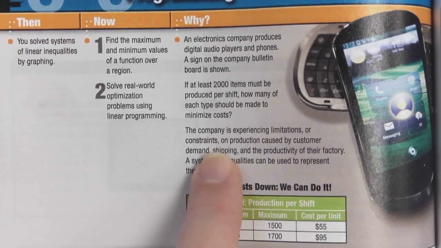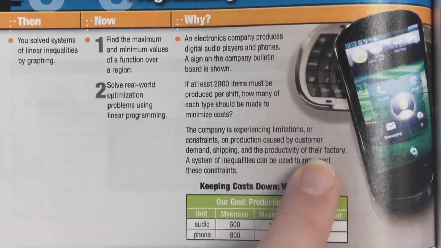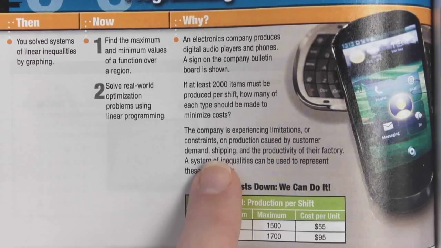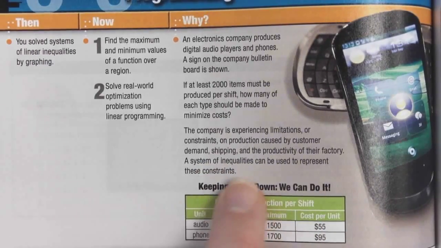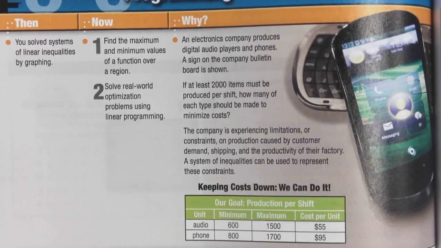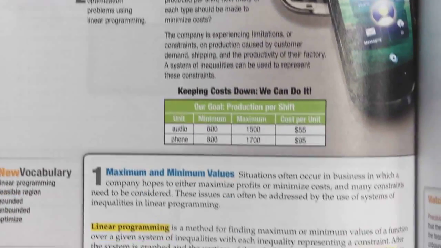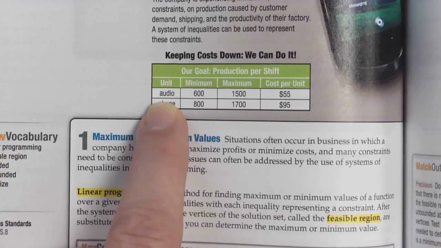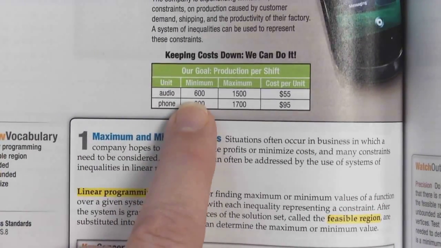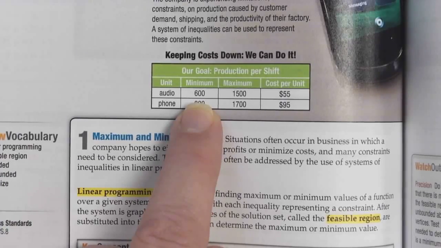The company is experiencing limitations or constraints on production caused by customer demand, shipping, and the productivity of their factory. A system of inequalities can be used to represent these constraints. Now, we have the audio and we have the phone. The minimum number that they need to make for the audio is 600 and phone 800.